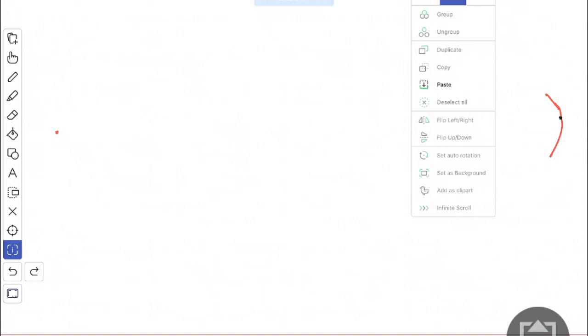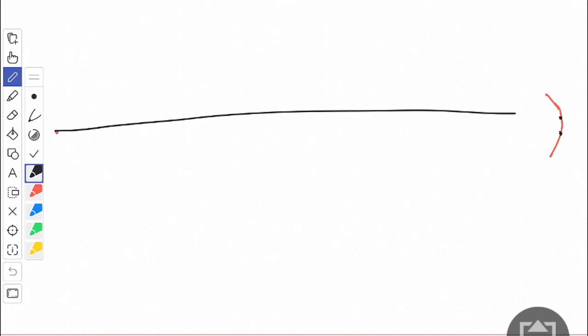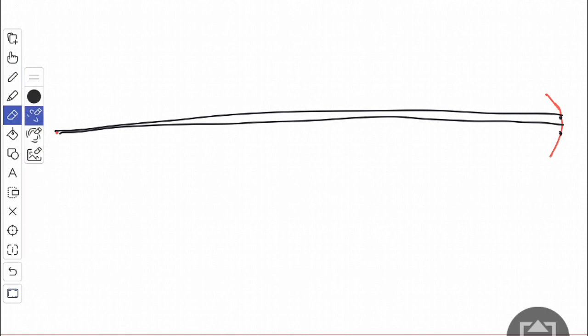Now if I draw one line which goes like this, and another line which goes like this, the second point is not here, the second point is here.